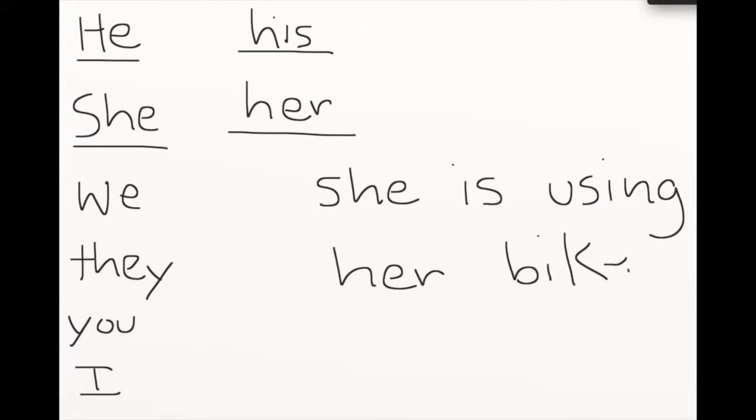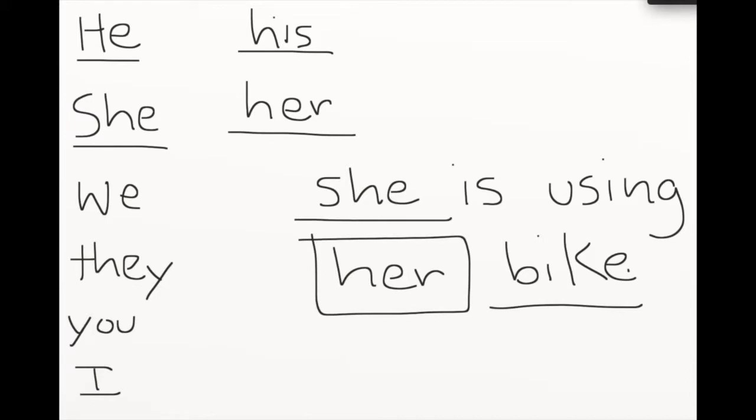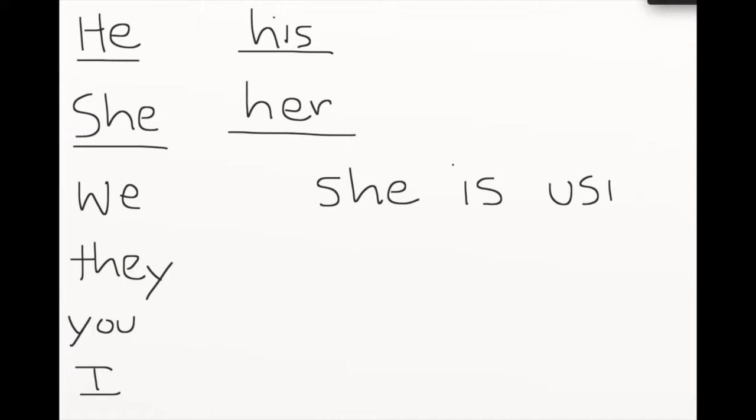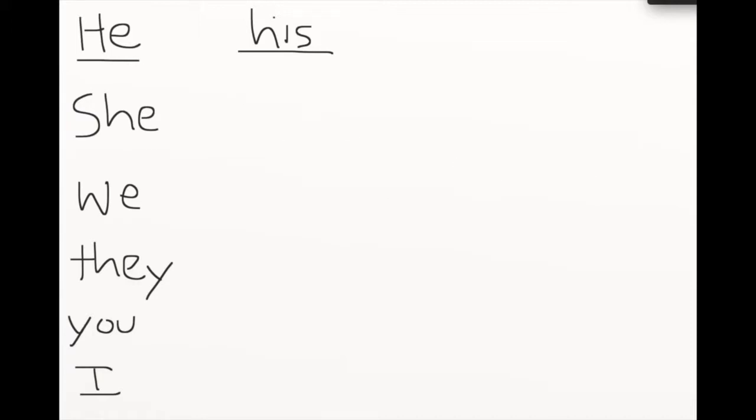Whose bike is it? It is her bike. We got the subject and we got the object, and the possessive pronoun is her. She is using her bike. Okay, so they'll be watching for this. If you happen to say she is using his bike, that is a problem. You don't want to mix those up.